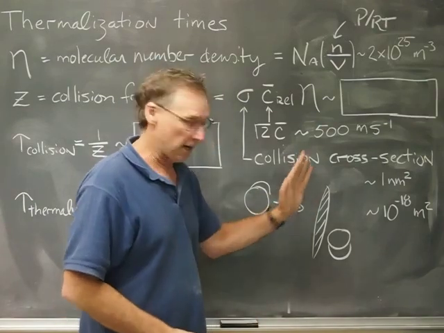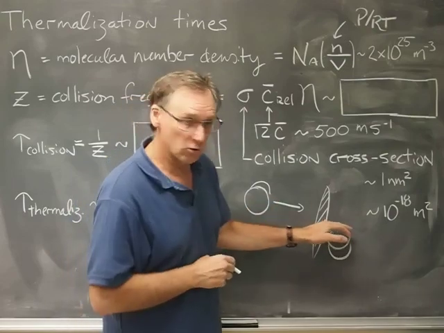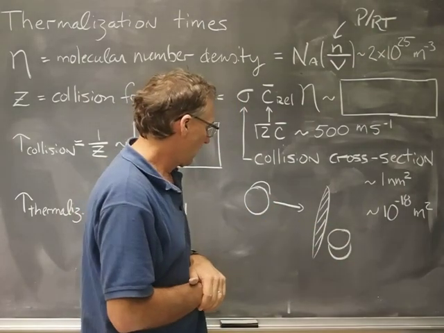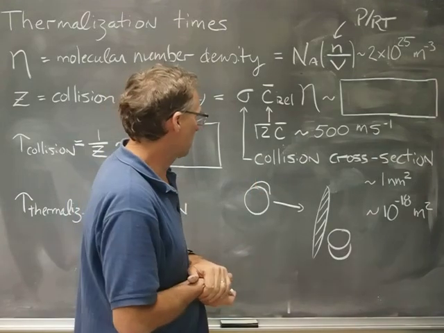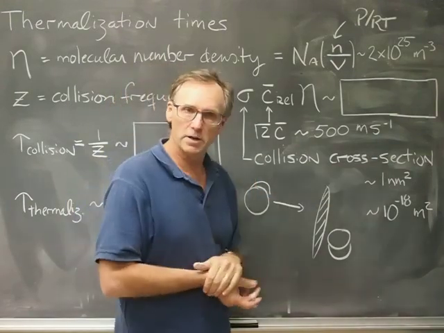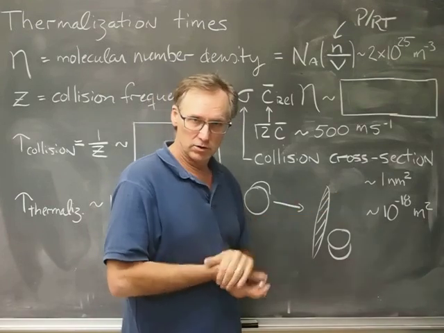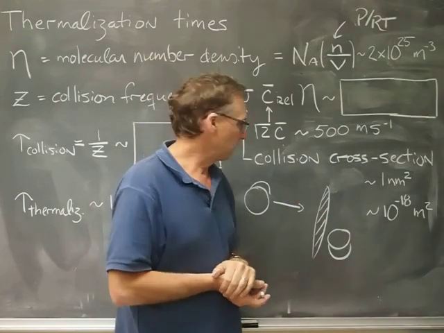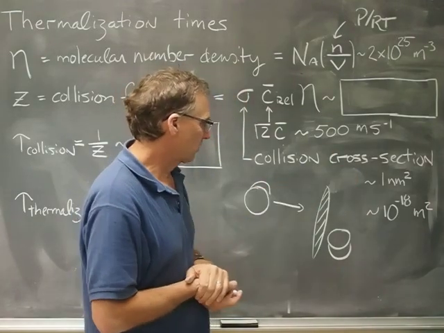It has an area, and as long as a molecule is going to even graze another molecule, then there could be a collision. Typical numbers are on the order of 1 nanometer squared for cross-section. Your text gives more precise numbers for any given molecule, but that's a good order of magnitude.